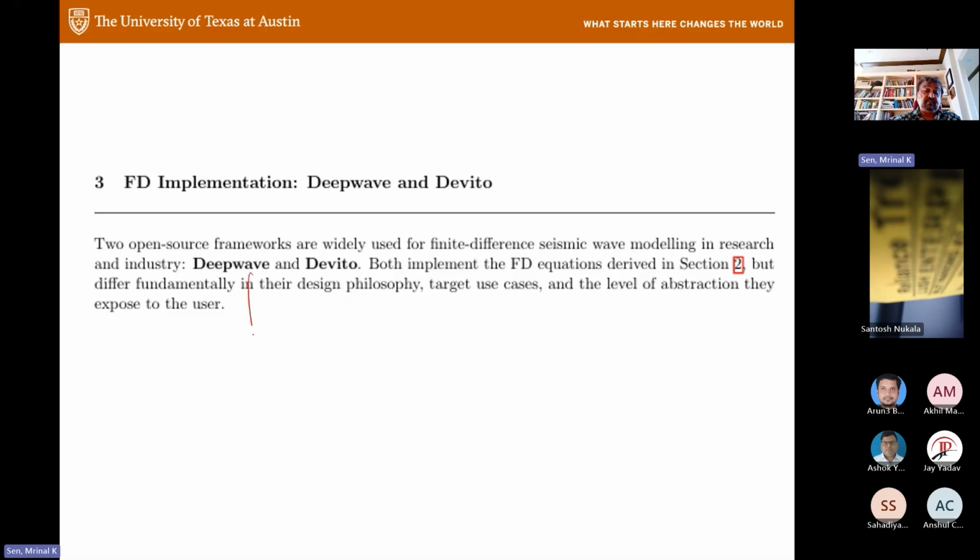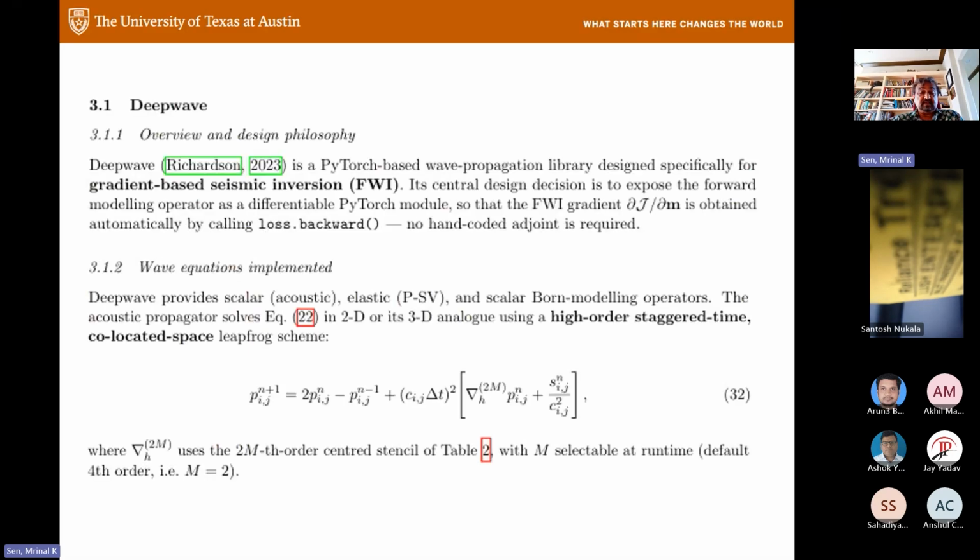DeepWave is written using machine learning libraries like PyTorch, and Devito is essentially a PDE solver. I would say you can just write a PDE, and then it actually generates the code. You can use symbolic Python for doing a lot of these things.